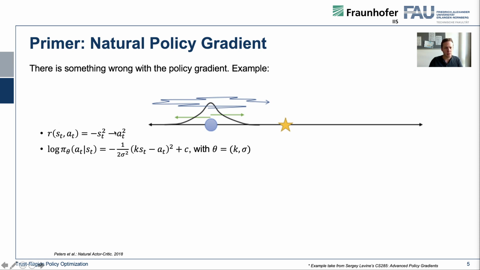Given that reward function and our definition, we can also define a policy. We can define a univariate normally distributed policy, which has a mean and a variance as parameters, k and sigma.